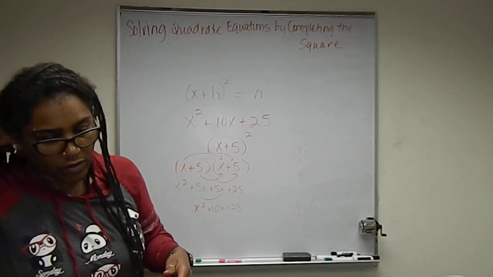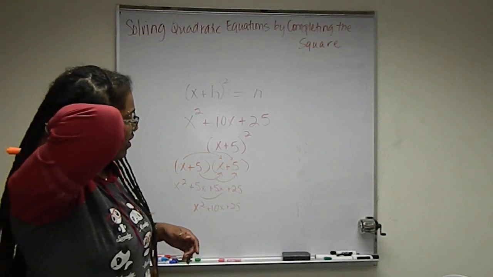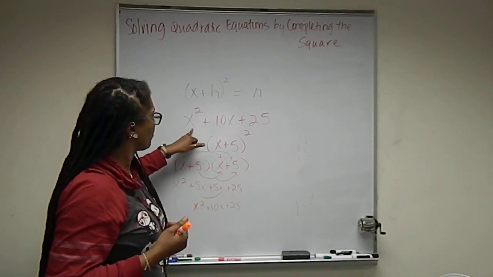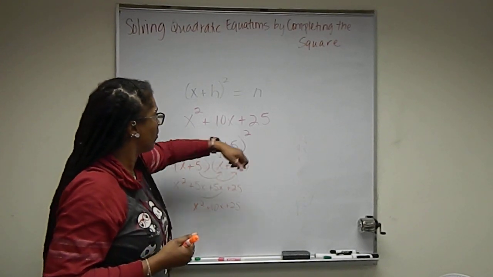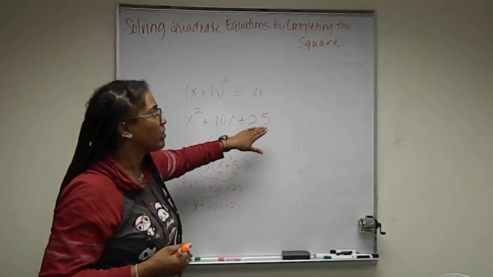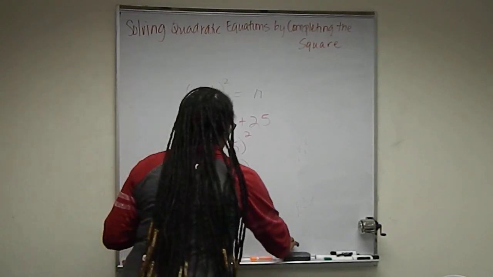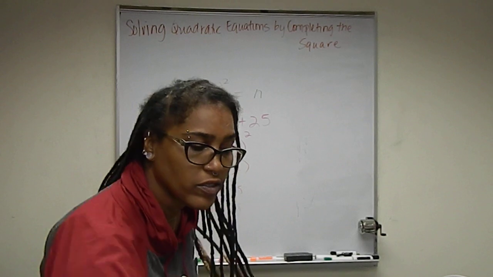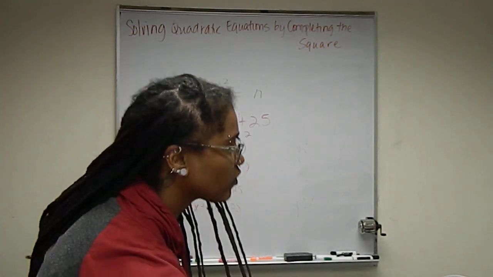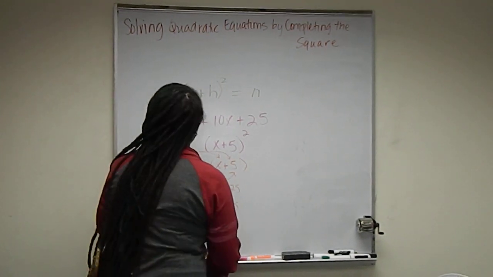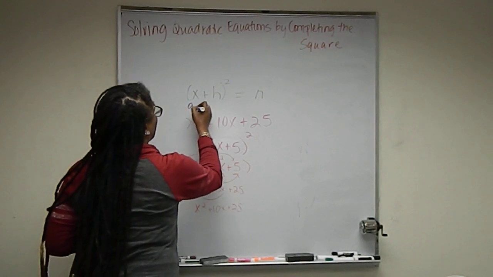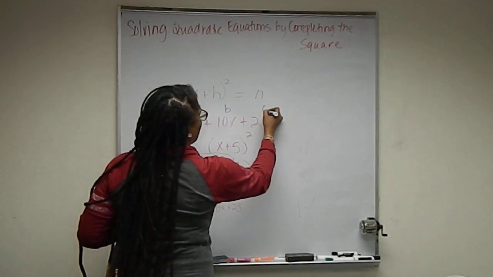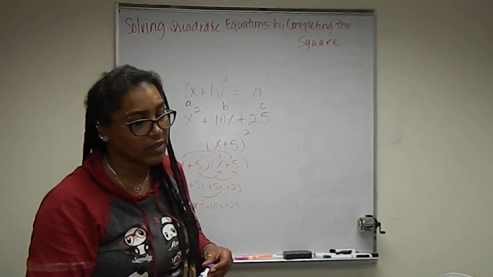Okay, so we have your first term, your second term, your third term: A term, B term, C term. Remember that. Nothing changes, rules don't change. Even when we were doing our perfect squares, we still have A term, B term, and C term. So our polynomials, nothing ever changes.